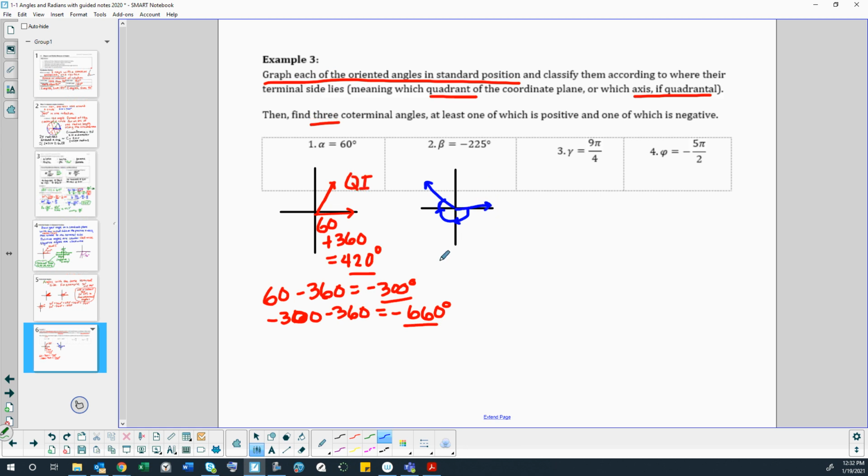All right. So let's go ahead and name the quadrant. What quadrant is that one in? It's actually 2. Let's review our quadrants really fast. I'm just going to write on the top of this stuff here.